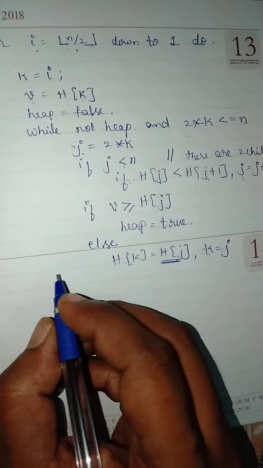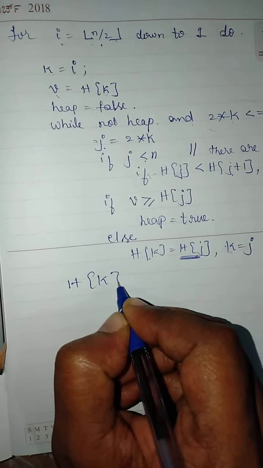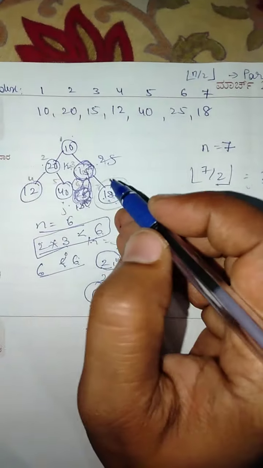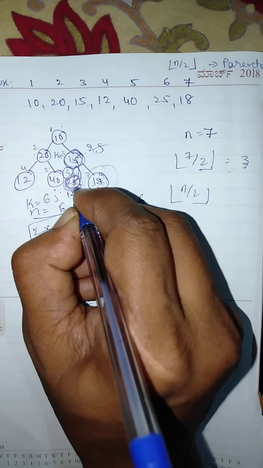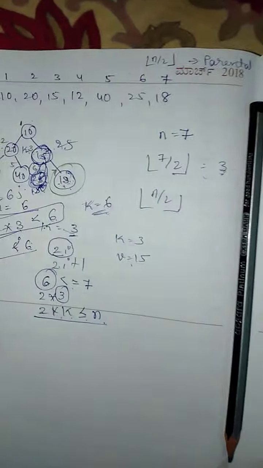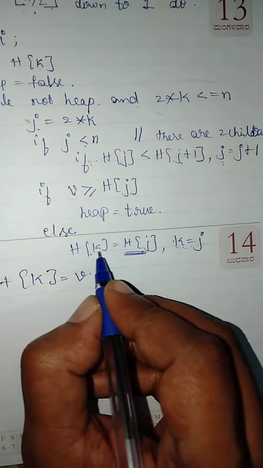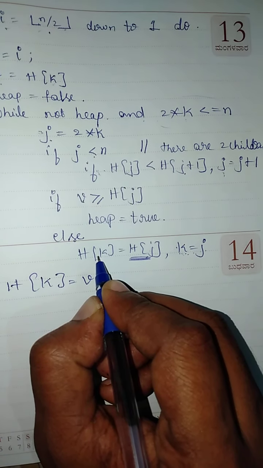Now, finally what we have to do is, to h of k we have to assign the element v. So the k value, what is k value? That is 6, right? So see, after doing so, k is equal to j. So in this case, the h of j we assigned to h of k, right?